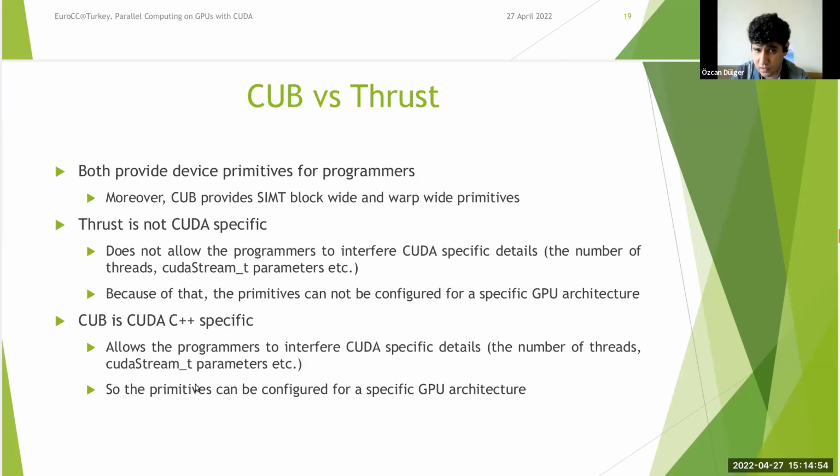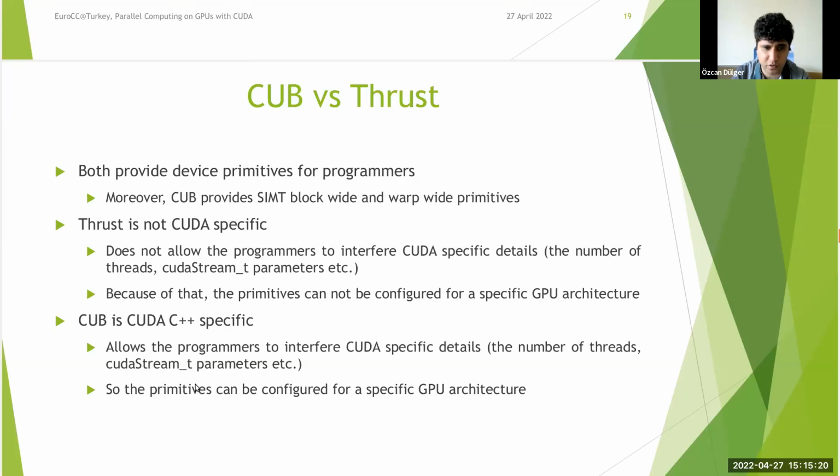Because of that, the primitives of Thrust cannot be configured for a specific GPU architecture. But CUB is CUDA C++ specific.